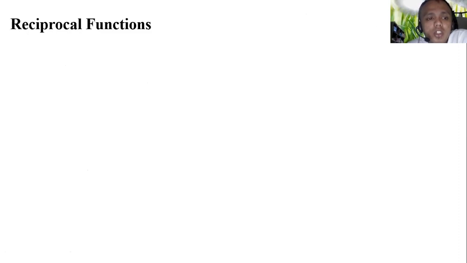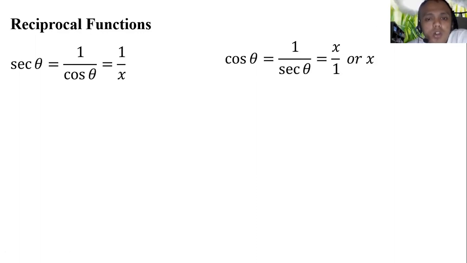Now, reciprocal functions, okay? So ito yun, na secant theta equal to 1 over cosine theta equal to 1 over x, and your cosine theta is equal to 1 over secant theta equal to x over 1 or x. That's why yung cosine theta natin lagi here is x. Then your cosecant theta here is 1 over sine theta equal to 1 over y.